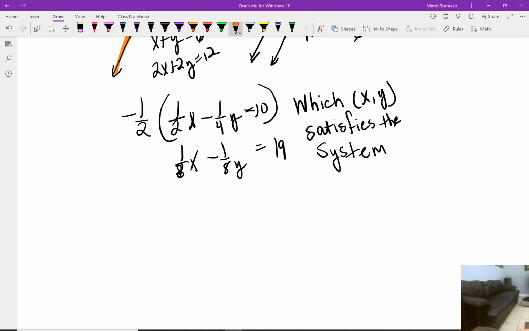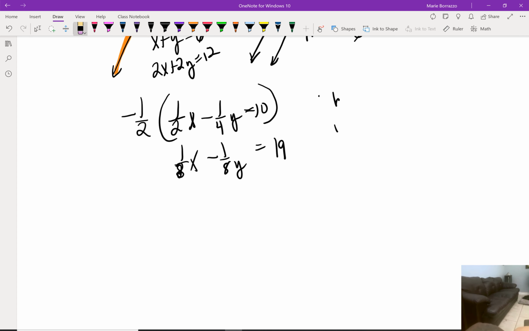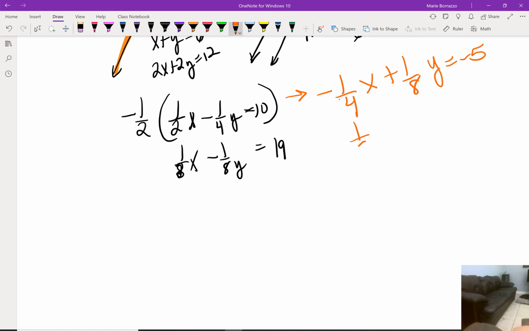So this became -1/4 x plus 1/8y, and this was equal to -5. And then I brought down the 1/8 x minus the 1/8 y. Obviously, you could see the y's are going to cancel, equal to 19, because nothing changed on the bottom equation.